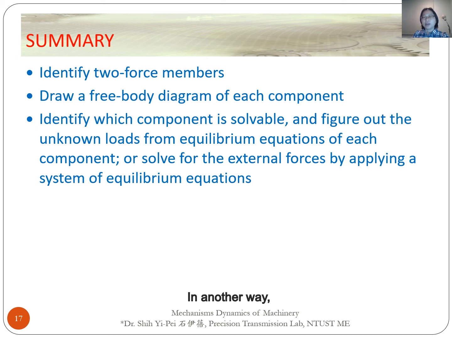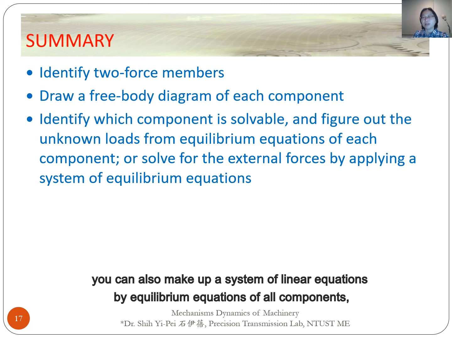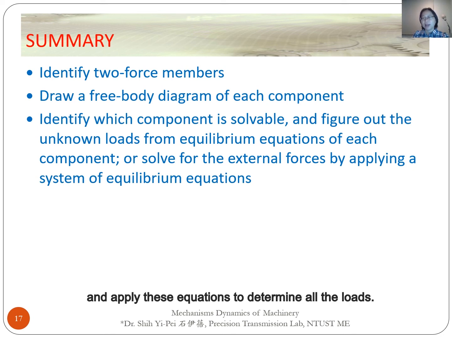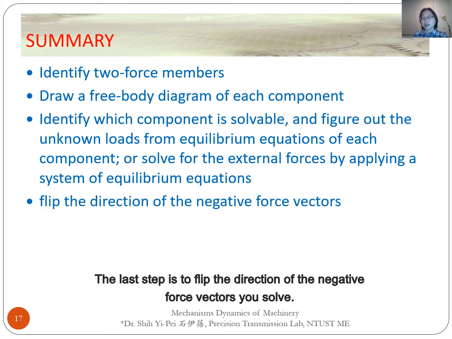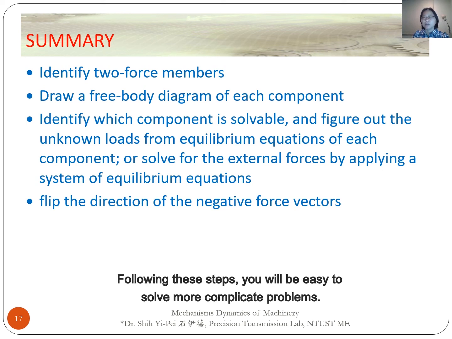Alternatively, you can make up a system of linear equations from the equilibrium equations of all components and apply them to determine all the loads. The last step is to flip the direction of the negative force vectors you solved. Following these steps, it will be easy to solve more complicated problems.